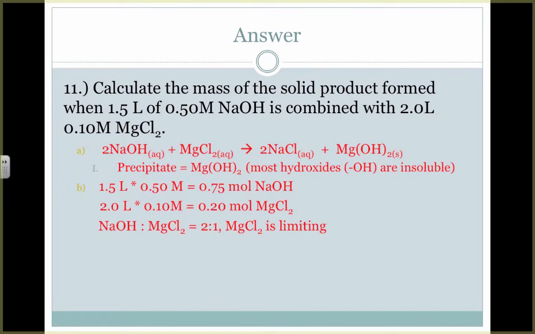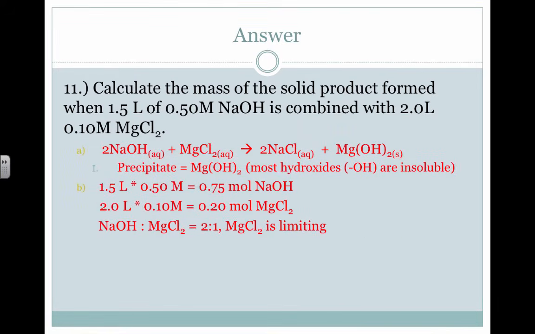Using the stoichiometry of the balanced equation, I know that I need twice as much sodium hydroxide as I have magnesium chloride. So, looking at my magnesium chloride, which is 0.2 moles, if I multiply this by 2, I find that I need 0.40 moles of NaOH. Clearly, I have far more than 0.40 moles since I have 0.75 moles. Therefore, MgCl2 must be my limiting reactant.